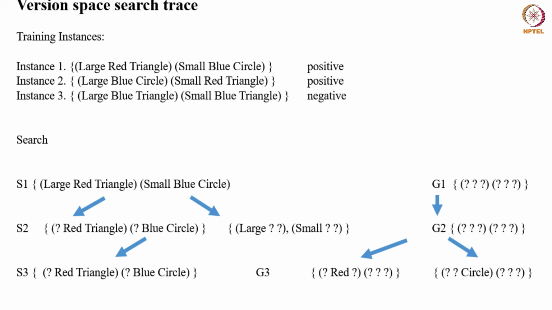Let's look at the example again, now for the version space. So we have the same example. You can see 3 instances.